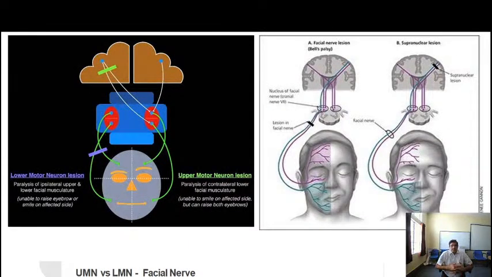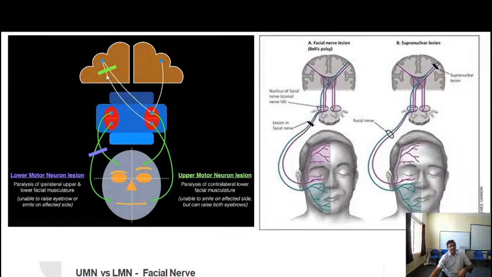Now, the motor part of the facial nerve is represented in the cerebral cortex. The tracts go from the cerebral cortex to the facial nucleus, which is divided into upper and lower parts.